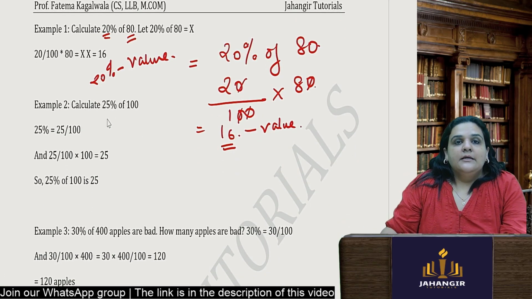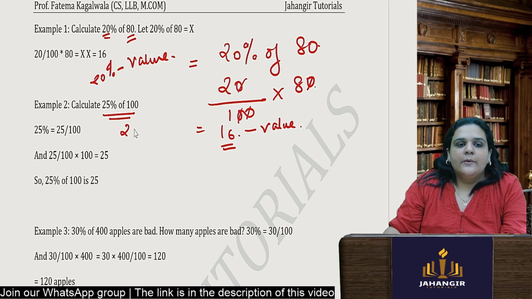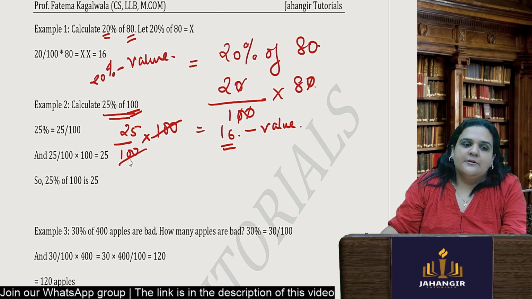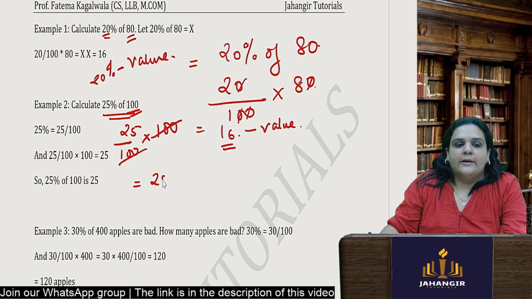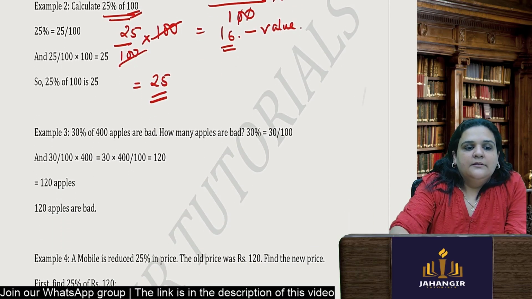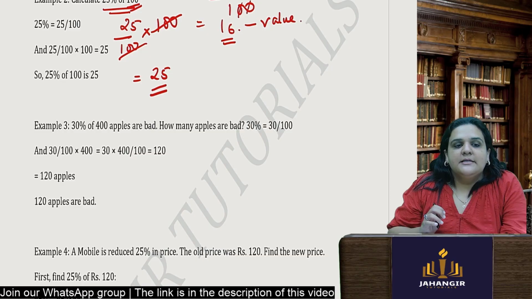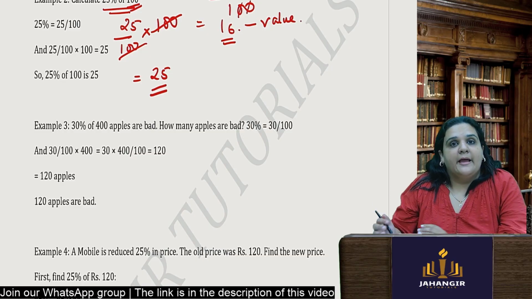Next question: calculate 25% of 100. Same thing, I will do 25 divided by 100 into the total value 100. The 100 and 100, multiplication and division, you can cancel. The answer is 25. Third question: 30% of 400 apples are bad.